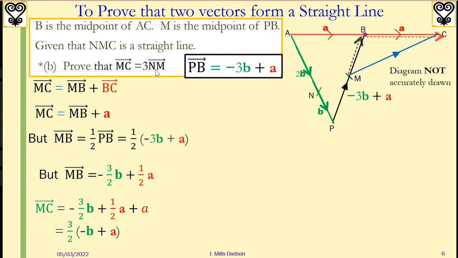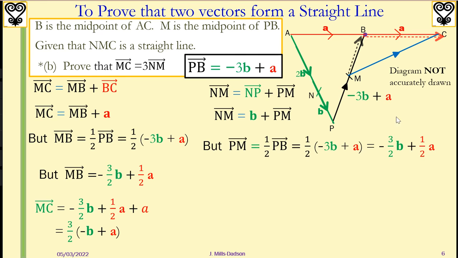Let's work out vector NM. Vector NM is simply vector NP plus PM. You know vector NP is the same as B. And vector PM is also half of vector PA, which is negative 3B plus A. So I know my vector NP already is B. So I need to work out PM by multiplying half through negative 3B plus A. So that's what I'm going to have.